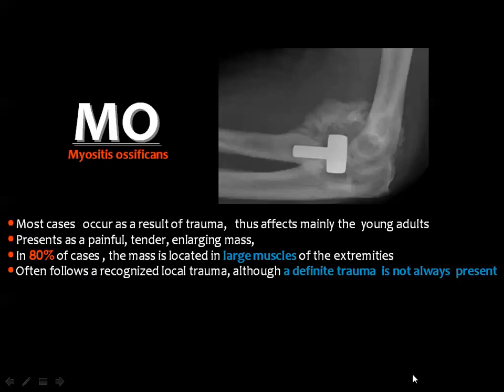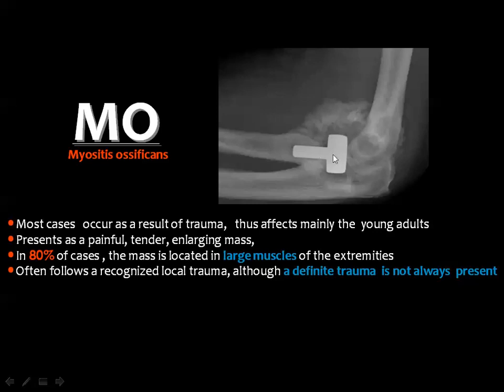Then what you can see by the plain X-ray, CT, and MRI is a big mass of irregular appearance, usually near the site of a traumatized area.